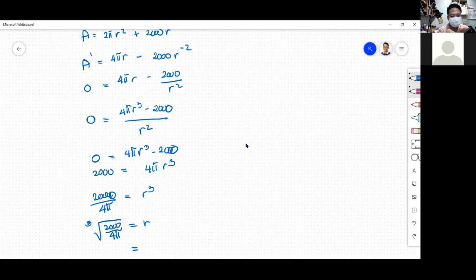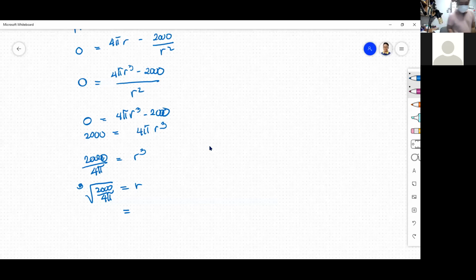Pag-simplify ko. Can someone confirm it? 5.42.